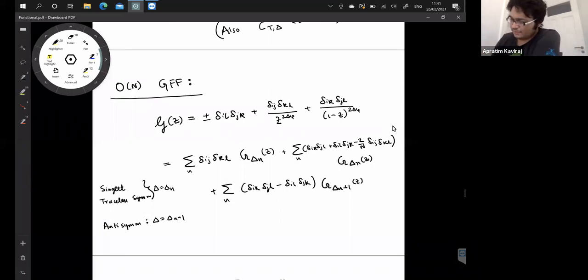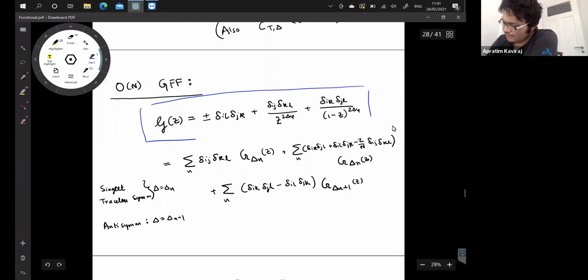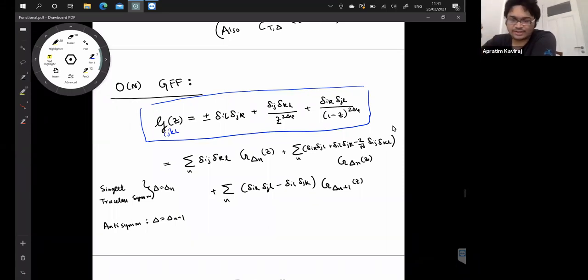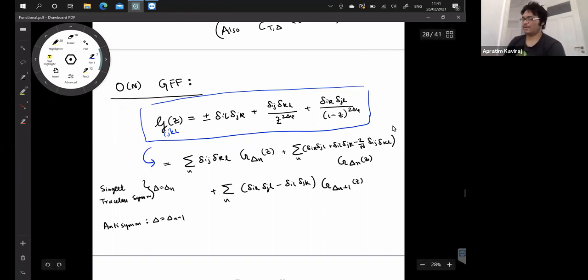So now let me move on to the second type of functionals, which I'll call the GFF functionals. But before that, let me tell you a little bit about the ON generalized free fields. The ON generalized free fields are basically given by the following. This is an ON correlator with I, J, K, L indices, and it's crossing symmetric, and it can be decomposed into conformal blocks in the singlet, symmetric and antisymmetric sectors.